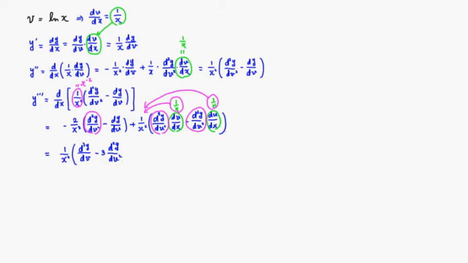Then the first derivative, dy over dv, is right here, and combined with negative 2, it's going to be plus 2 dy over dv. So that's everyone.